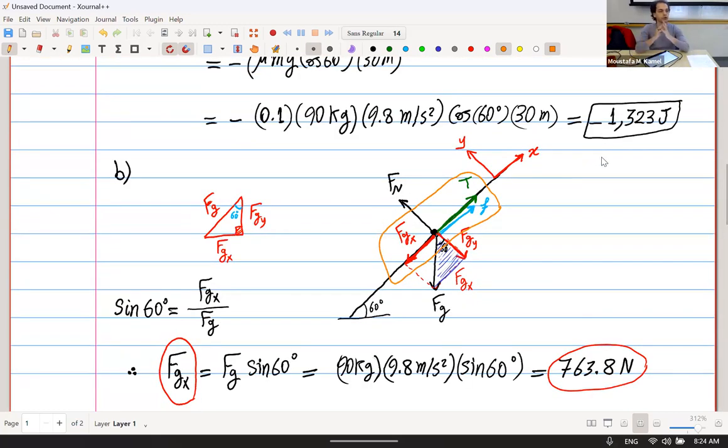Because now we know that the guy is moving with constant velocity, right? So acceleration is 0. From Newton's second law, F net along x direction is equal to mass times acceleration along x direction.